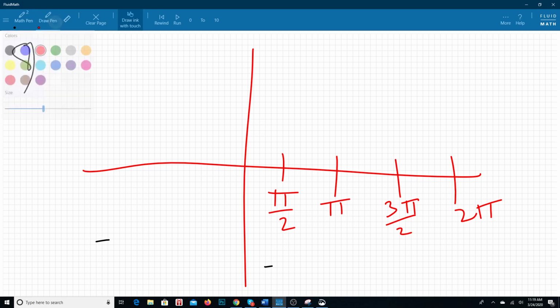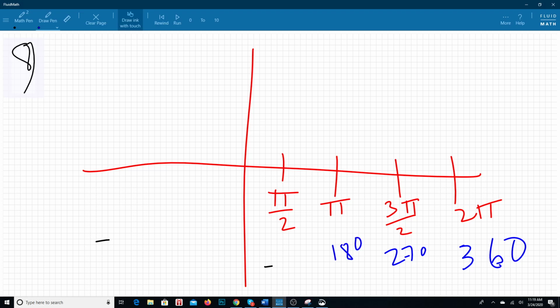Keep in mind that this represents 360, this represents 270, this represents 180, this represents 90, and you have 0, of course. Let me know if you have any questions on this, guys.